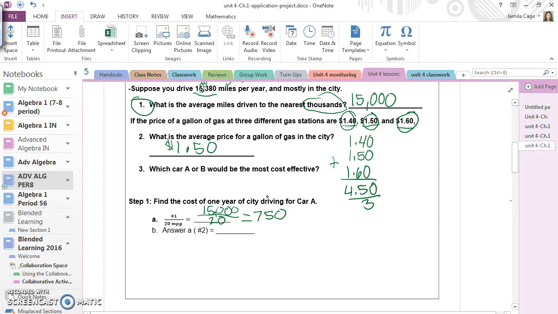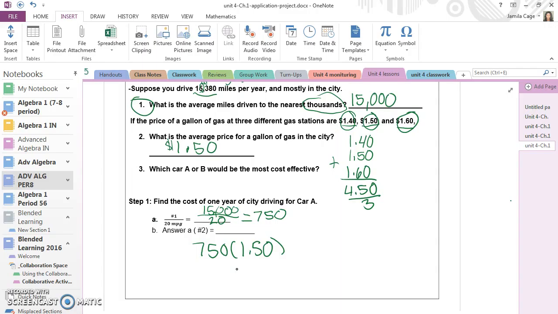Portion B is telling us to take our answer from A, which we just did. This is A. So we're going to take that answer, 750, and multiply that to our answer from number 2, $1.50. So the 750 tells me how many gallons I need. 750 gallons.